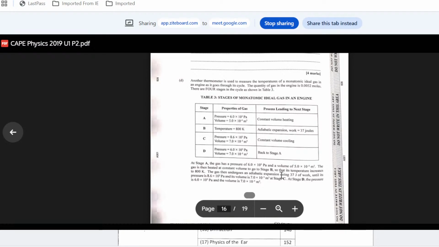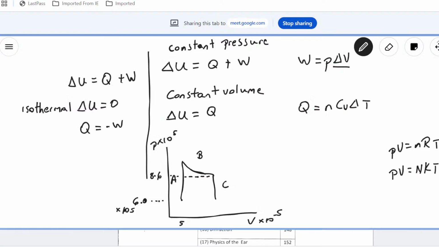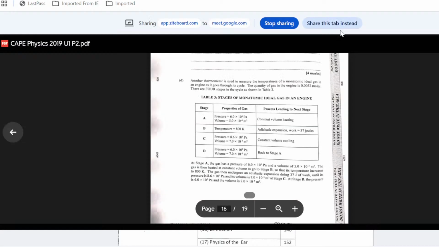Let's see what this said. Yeah, we just draw a line back to A. So back to A. It's closed. We have a shape. Alright, so it will look something like that.